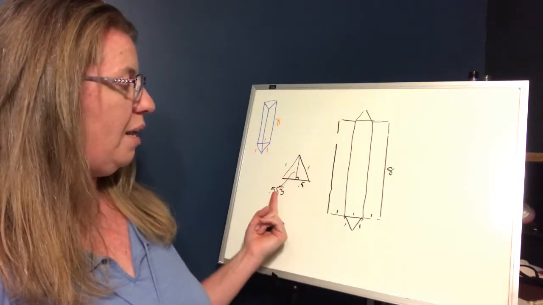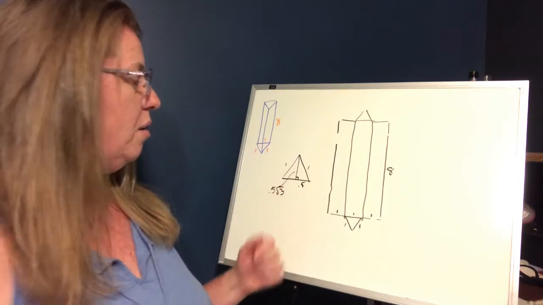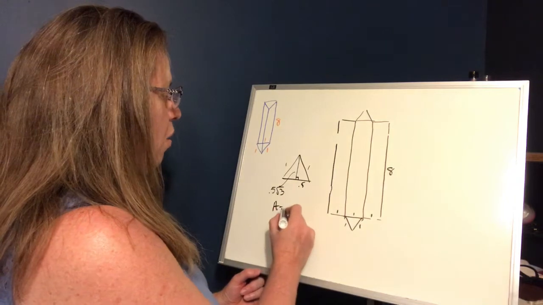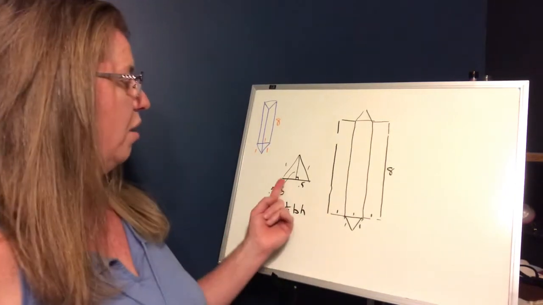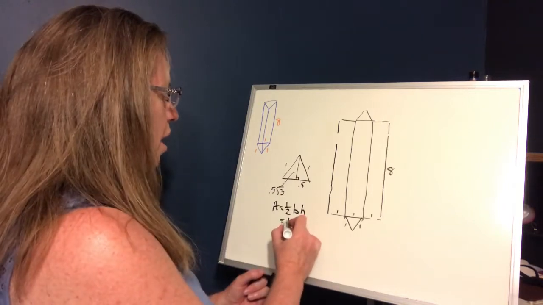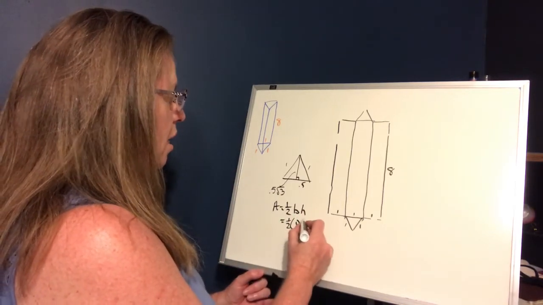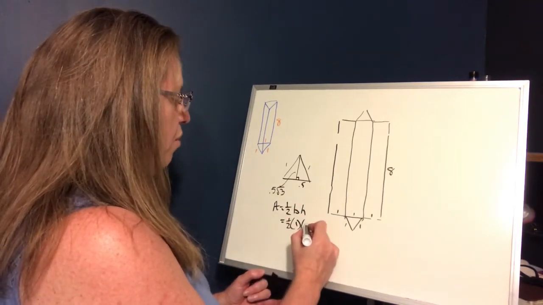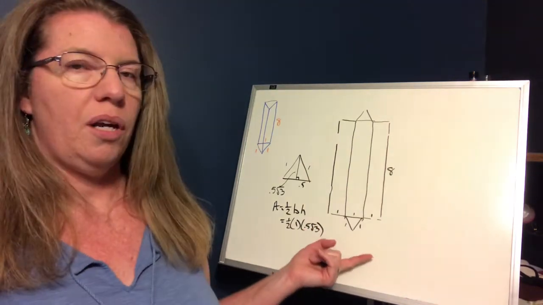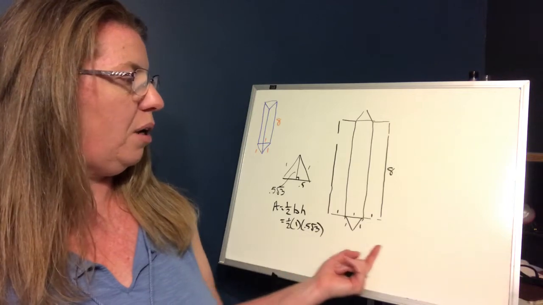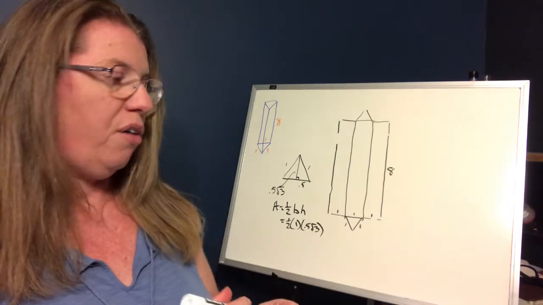But so you can find the area of the one triangle using 1/2 base times height. And we have here our base is 1, so 1/2 times 1, and then times 0.5 times the square root of 3. Alright? So let's look at that. I'm going to grab my calculator, and then we're going to look at it using our formula.